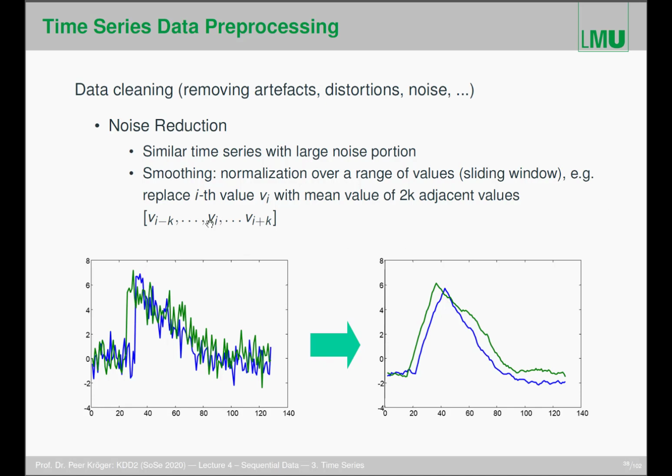Of course you have to do a special workaround at the beginning and at the end, but that's easy. Then you end up from those raw time series here with those pre-processed time series, which look much better than those guys here, and also much more similar, by the way.